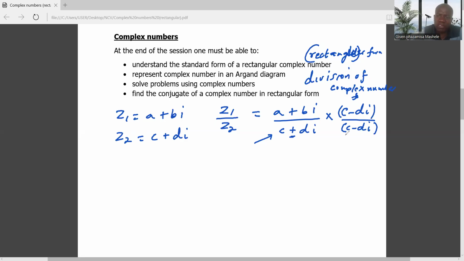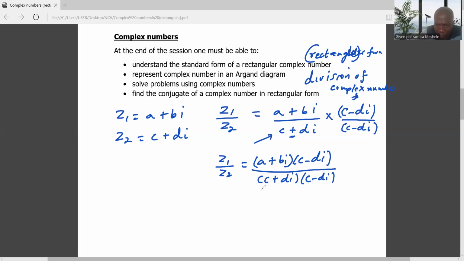Because this is actually 1. So let's now work this out. This will be Z1 over Z2 equals a plus bi. We are multiplying the numerator by c minus di. The same applies to the denominator: we have c plus di, and we multiply by its conjugate, which is c minus di.